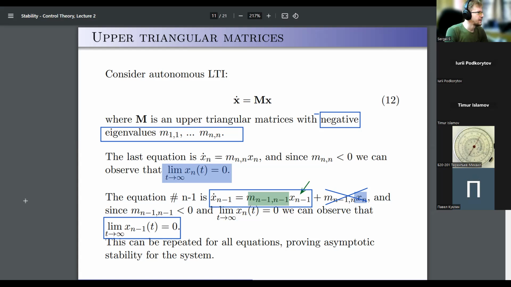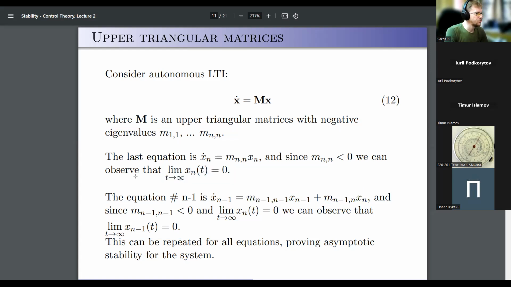It will be a slightly different process to prove, for example, that the system will diverge if one of them is positive, or that the system will be marginally stable if one of them is 0 and the rest are negative.